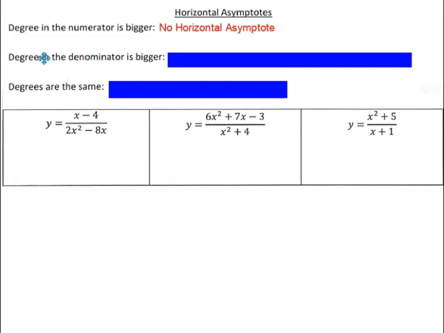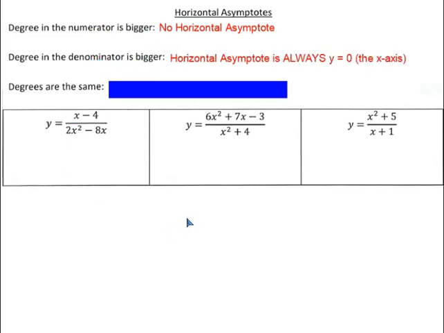But if the denominator is bigger, we do have a horizontal asymptote, and it's always going to be y equals 0, or in other words, the x-axis. So depending on which part of your fraction has the larger exponent, one of these two pieces will be true about your graph. But sometimes the degrees of the numerator and the denominator are the same.